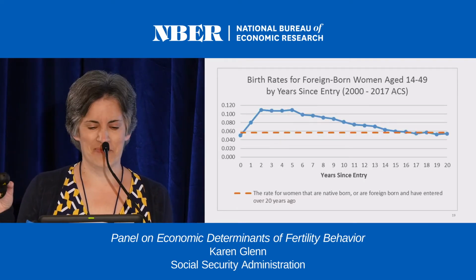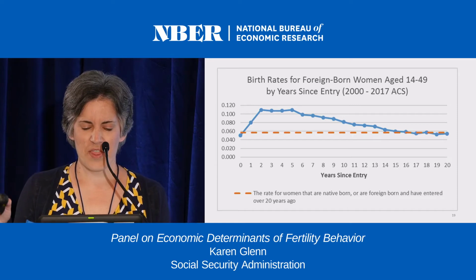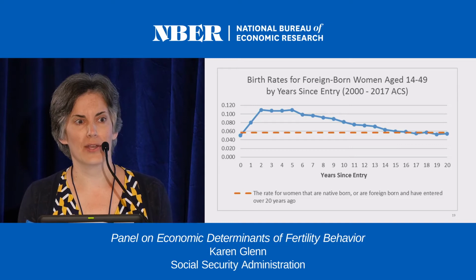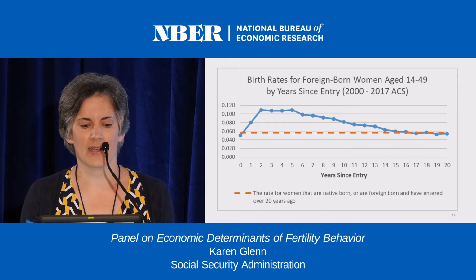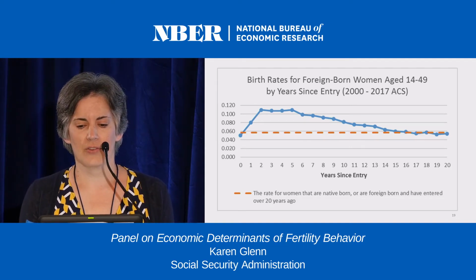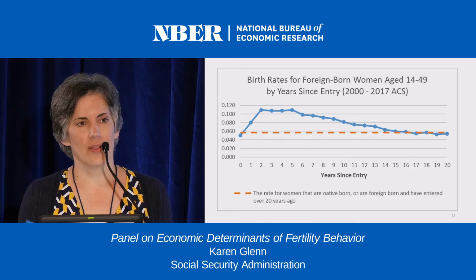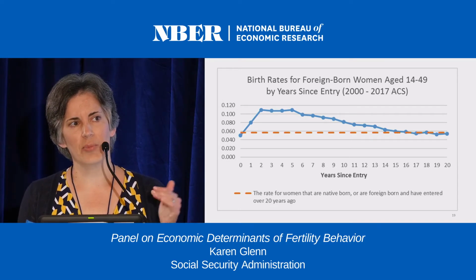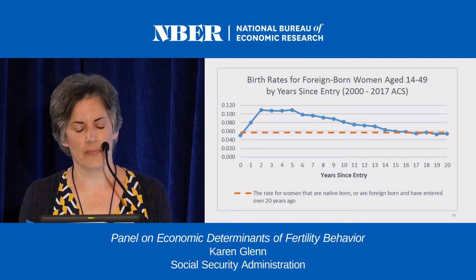And very quickly, one thing we learned from our technical panel, we had Emilio Parado from the University of Pennsylvania come speak to us, is that women born in other countries who immigrate to the US tend to have very high birth rates in a couple of years after they immigrate.